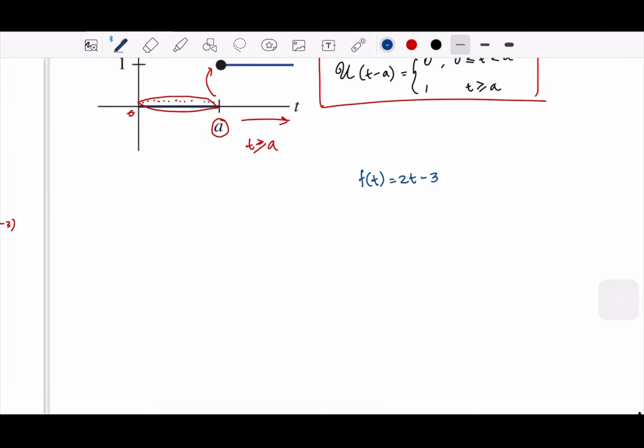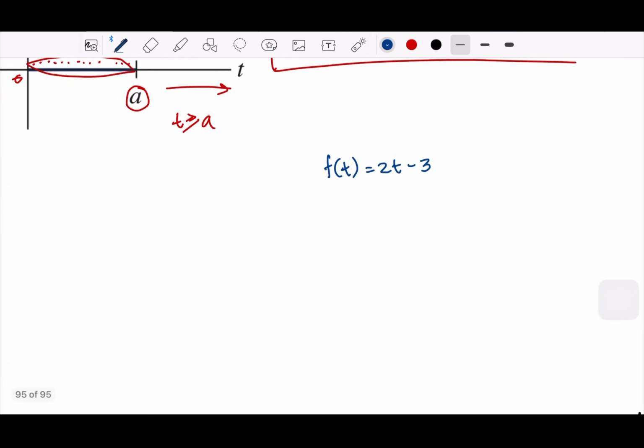And we know that if we draw the curve, let's say this would be 2t minus 3. Let me take this 1, 2, 3, 1, 2, 3.